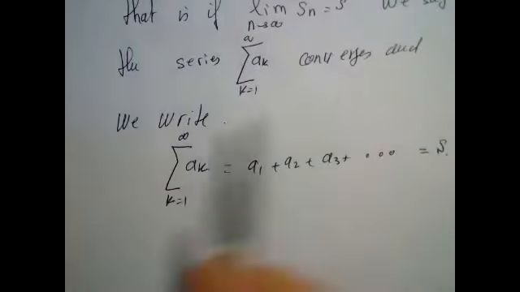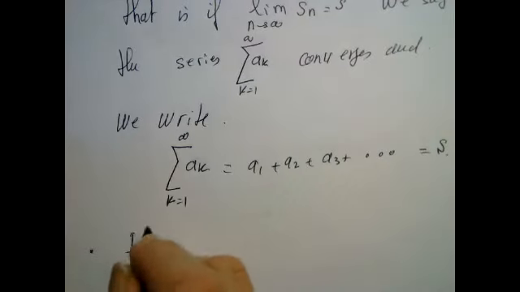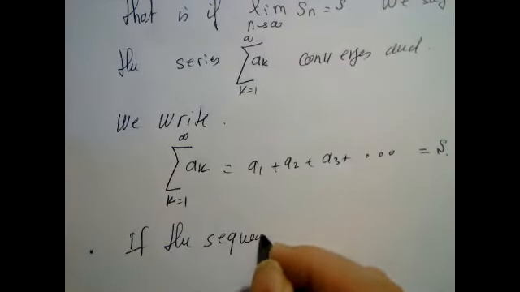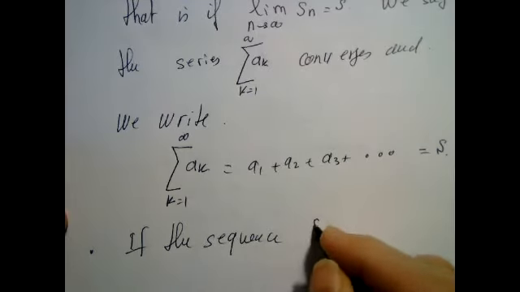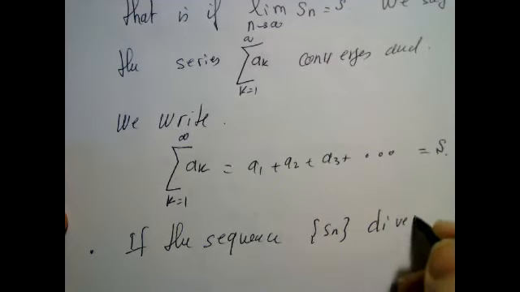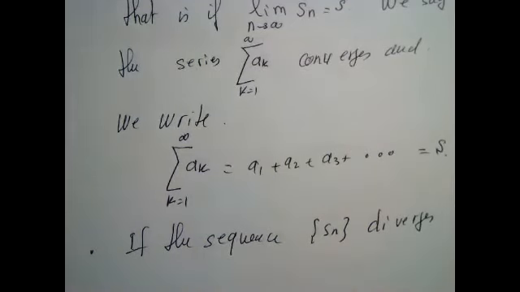If the sequence Sn diverges, meaning the limit goes to infinity or the limit does not exist, then we say that the series diverges.